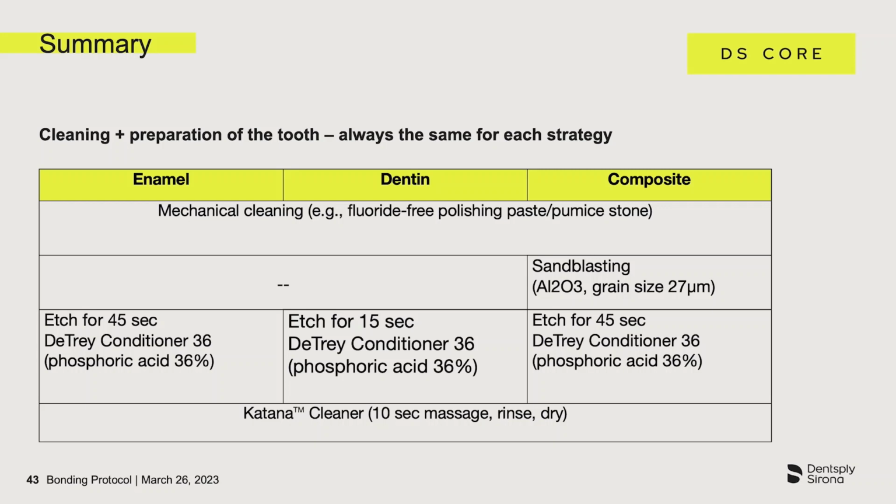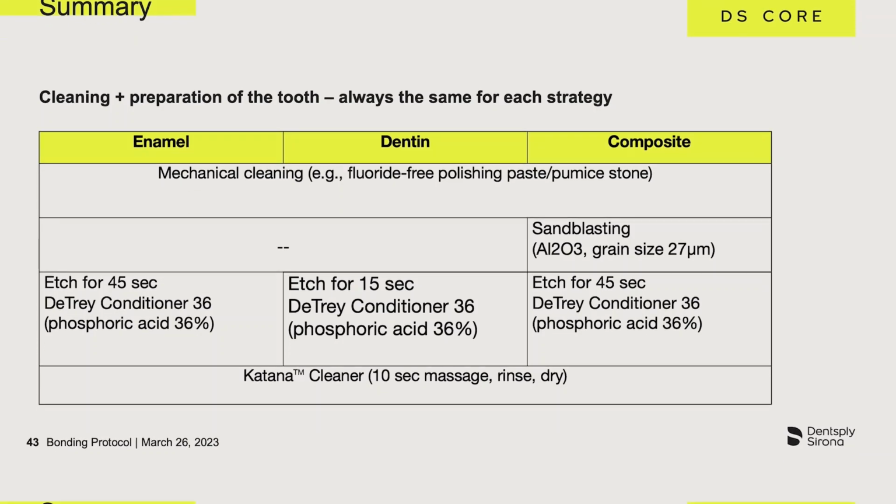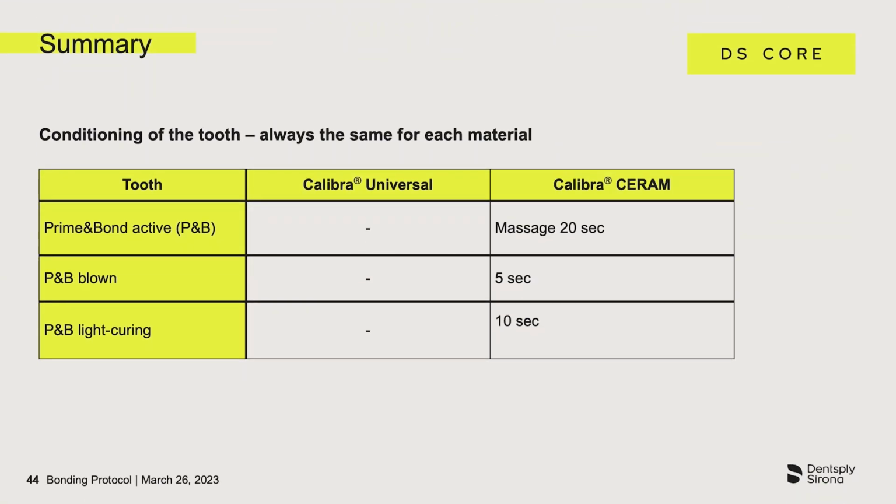Composites can also be additionally cleaned with phosphoric acid. Katana Cleaner is then applied to the entire tooth for 10 seconds, followed by thorough rinsing and moderate drying of the tooth. If Calibra Universal is used, no additional bonding agent is needed.